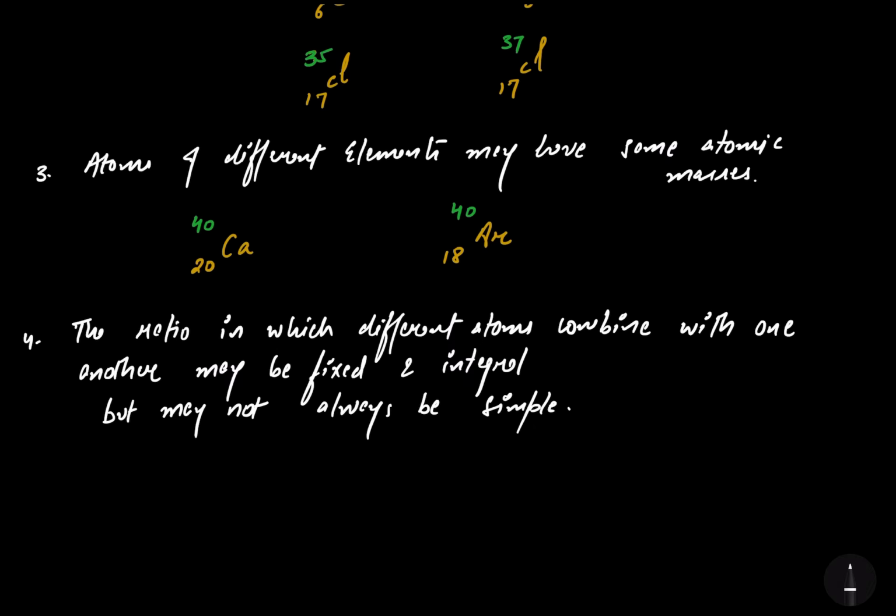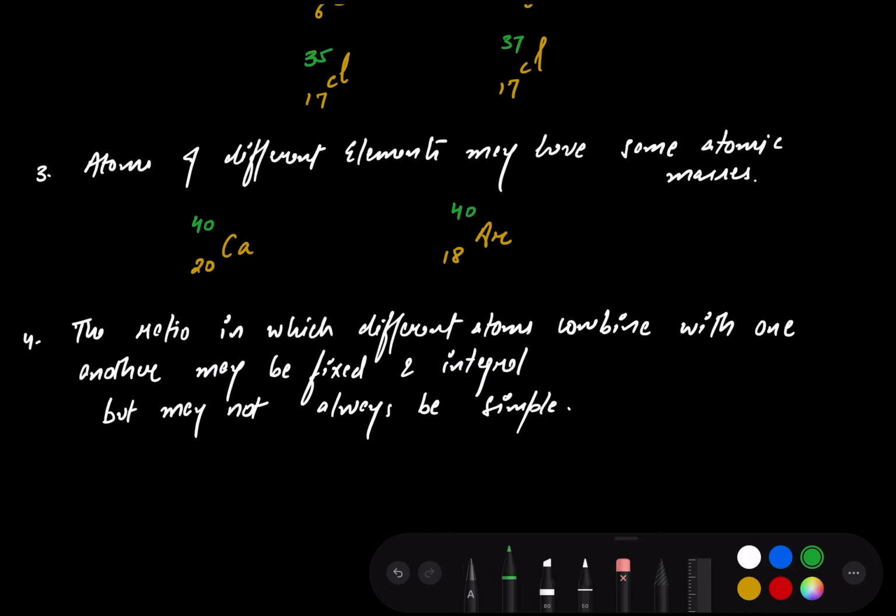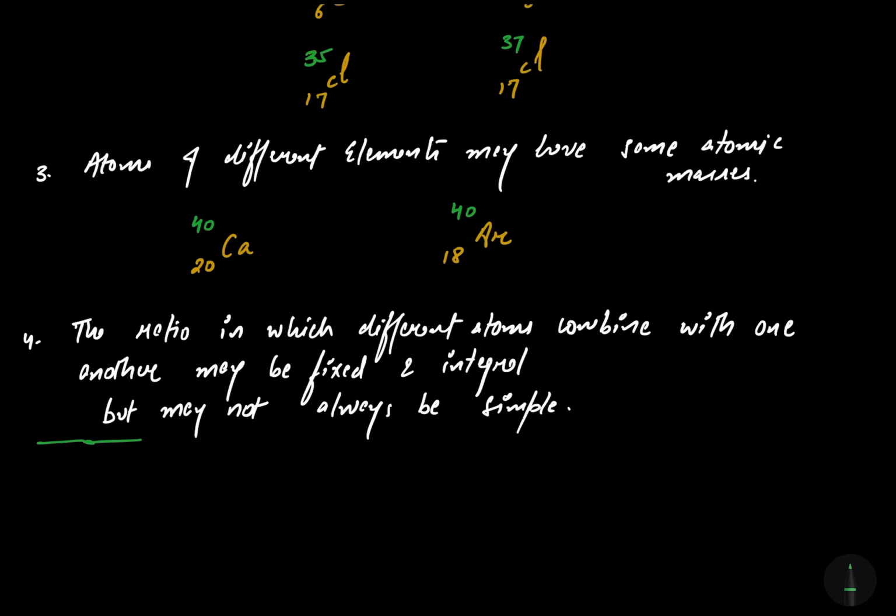When the combining atoms do not have a simple ratio, they are called non-stoichiometric compounds. When they have simple ratios, then they are called stoichiometric compounds. Here I'm talking about the compounds which do not have simple ratios, so they are called non-stoichiometric compounds. What does it stand for?